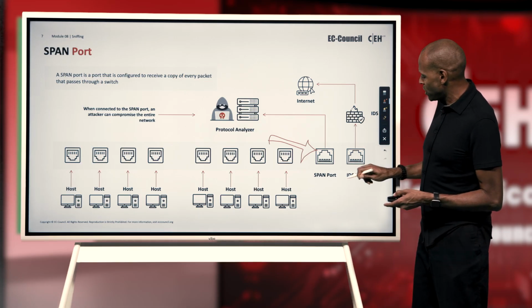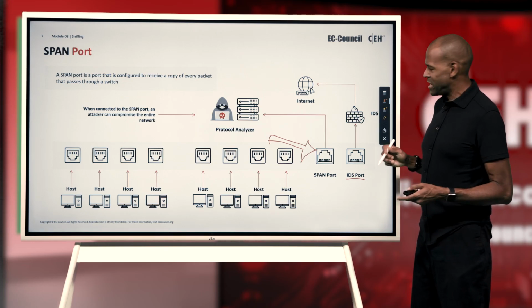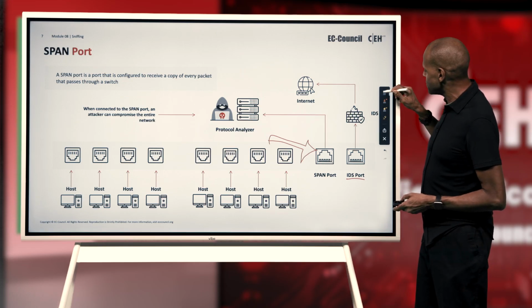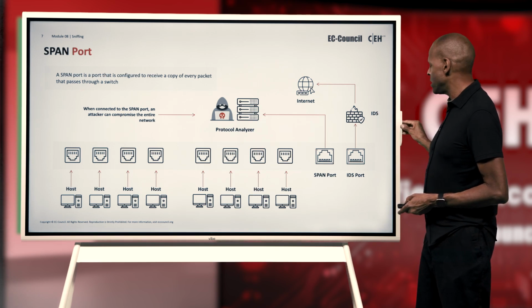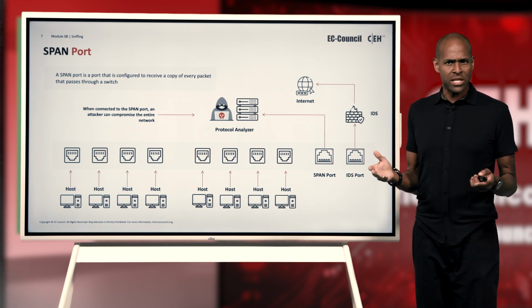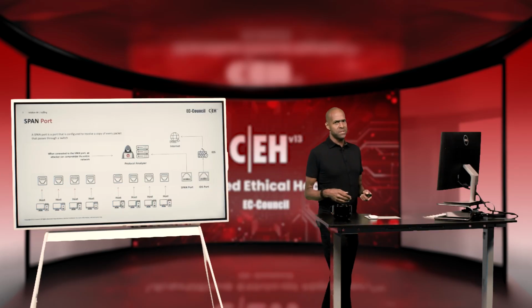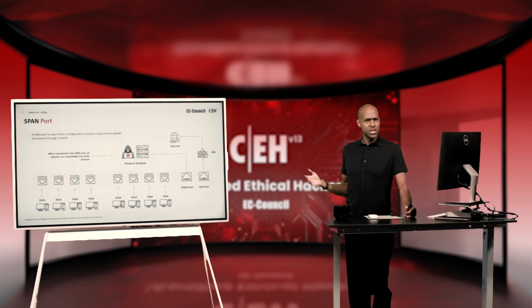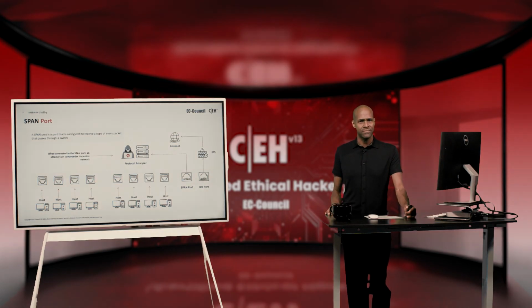It's great also if you're connecting an IDS or some other type of device that needs all of that information. Right on. So that is the span port, and you really need to have administrative access to the switch before you can make use of a span port. On different switches, a lot of the enterprise switches have the same capability, but it's not always called a span port, but it's the exact same technology.